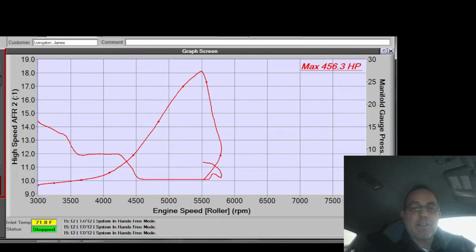I still have to figure out this tip-in. Now it's weird because I have way less tip-in than I usually do on this. Way less. I have low VE, I have less tip-in, and I have less wall wetting, and it still goes 20% correction when I tip in.